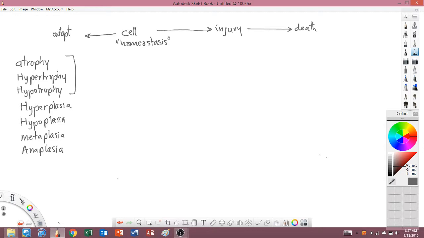For example, your heart. Let's say you have hypertension. Increase in blood pressure. What does that mean? So all of you have a heart, right? A heart looks something like that. And then they have this major vessel called aorta, correct?